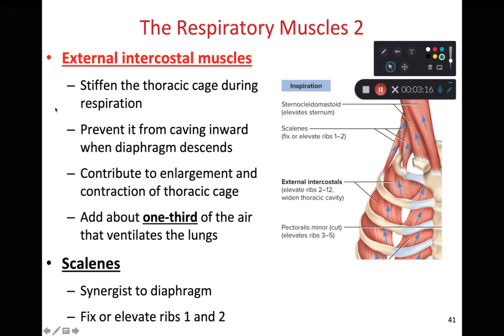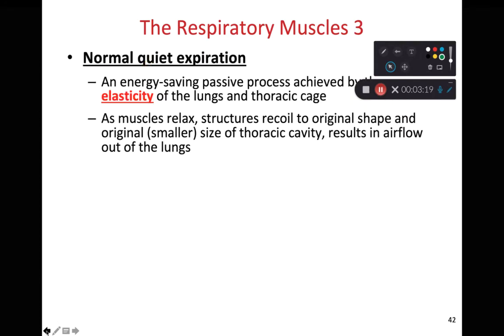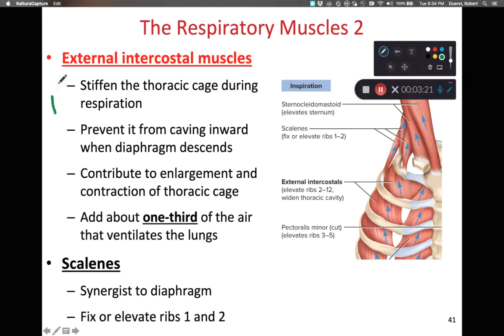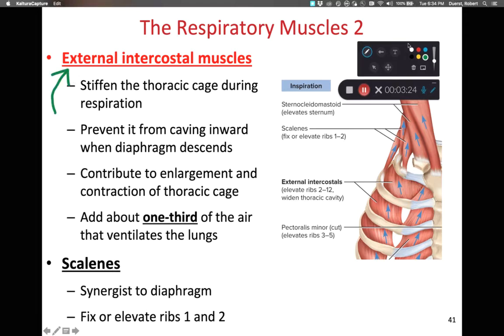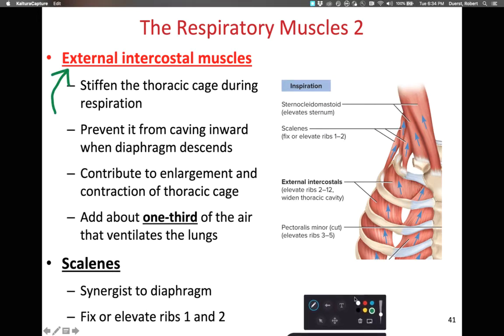Another key muscle is the external intercostals. And these external intercostals we use for breathing in. When the external intercostals contract, they are going to stiffen the thoracic cage and keep it from caving inwards when the diaphragm descends.